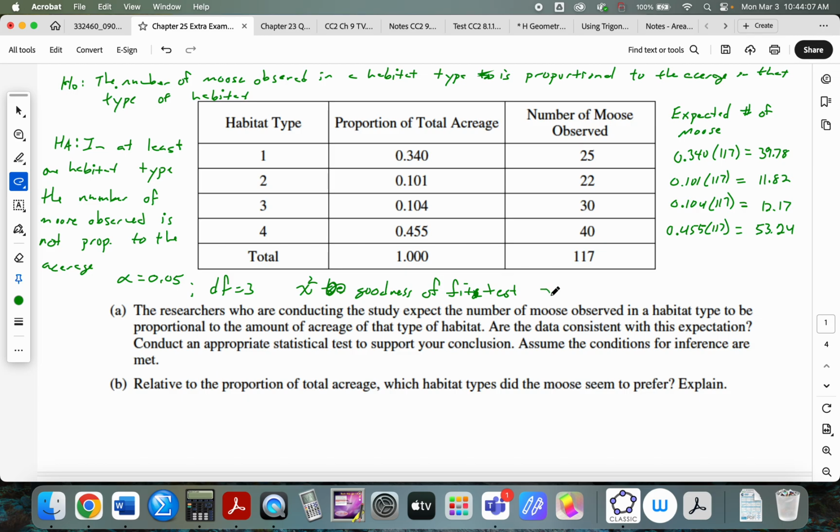And it gives us that chi-squared is 43.67. And our p-value is basically 0. So, what do we do? Reject the null. Yeah, we reject the null.